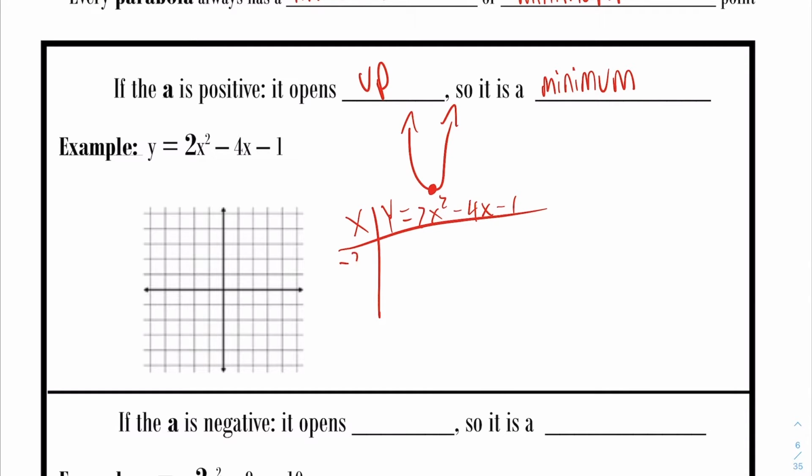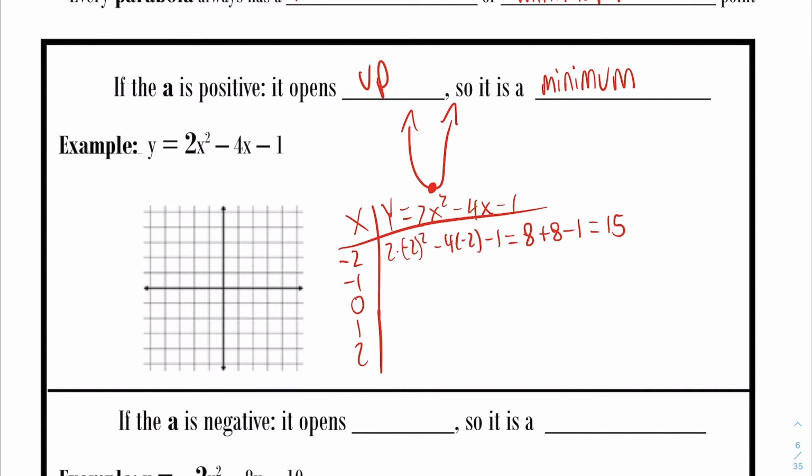Let's put some negative numbers: negative 2, negative 1, 0, 1, 2. 2 times negative 2 squared minus 4 times negative 2 minus 1. That's 2 times 4 to make 8, plus 8, minus 1.